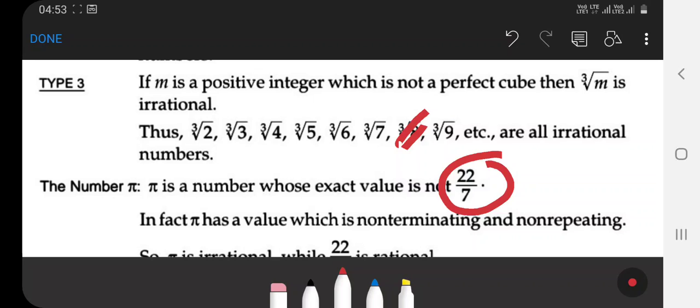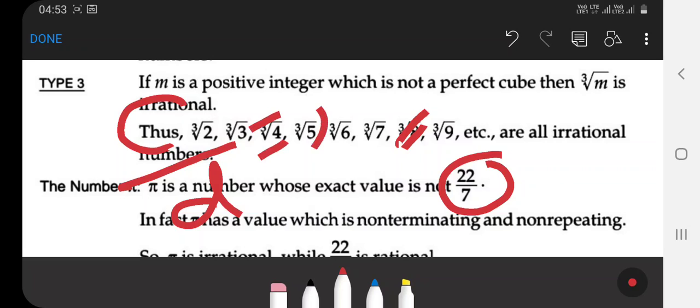But always remember that pi, the ratio between the circumference of the circle and the diameter of the circle, is always constant, and that is called pi. This pi is an irrational number. Clear?